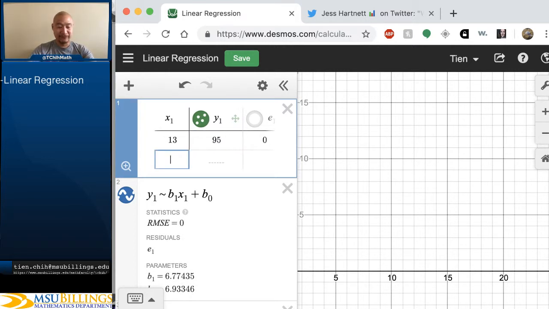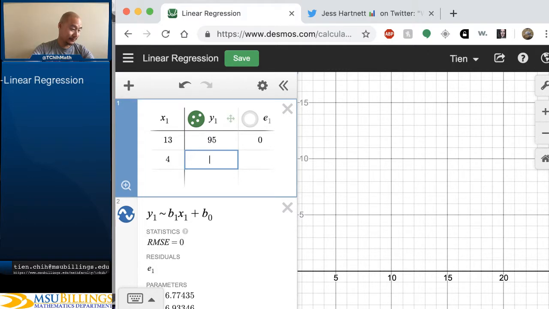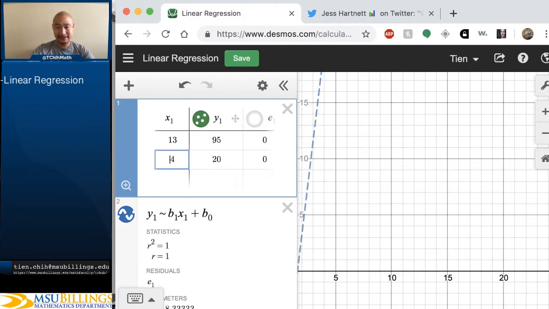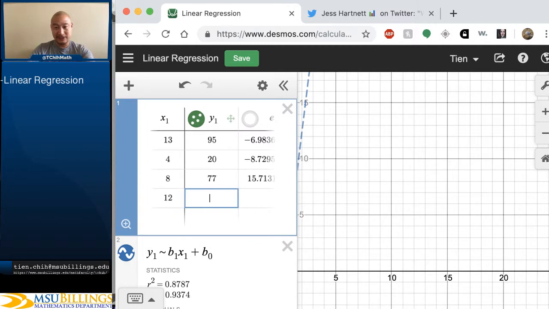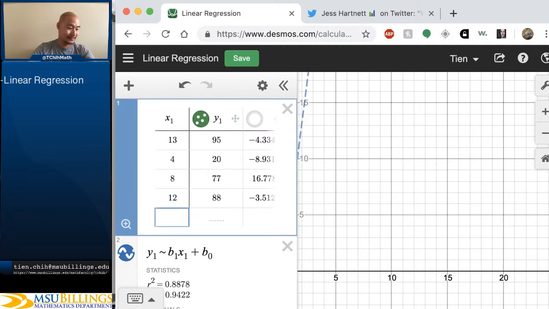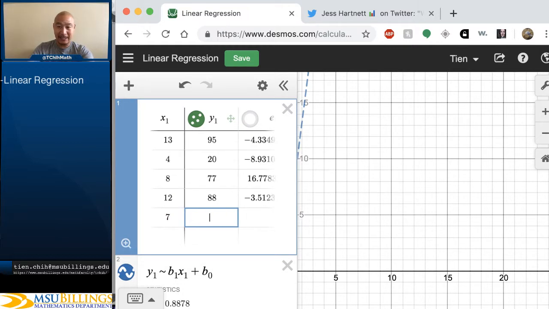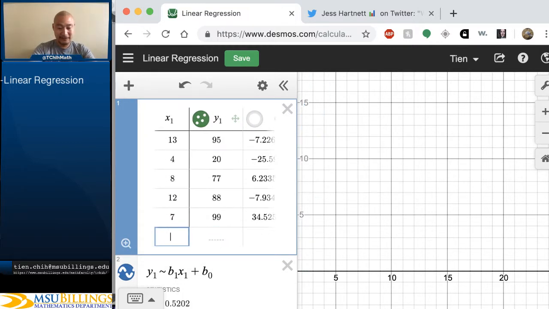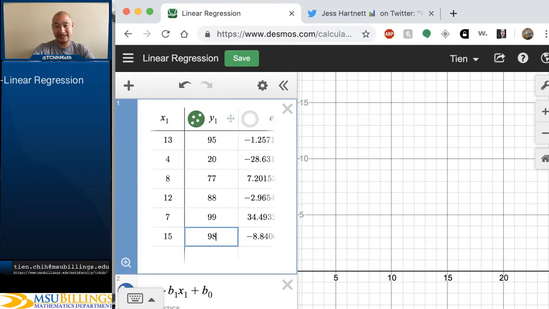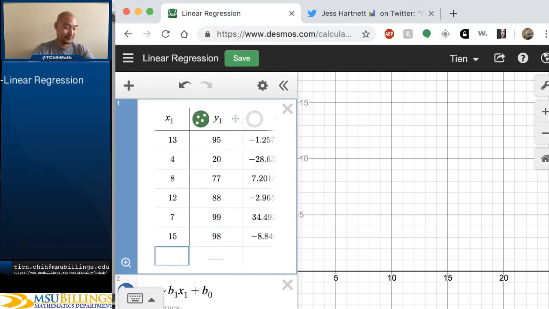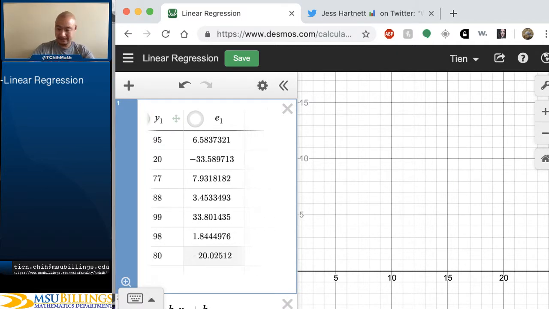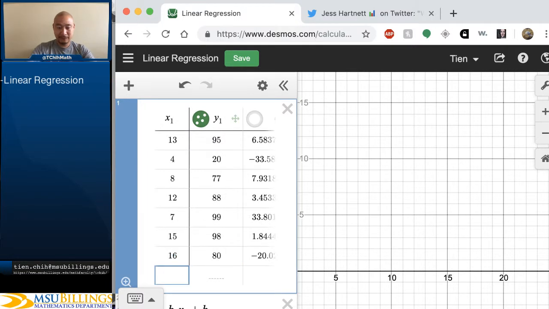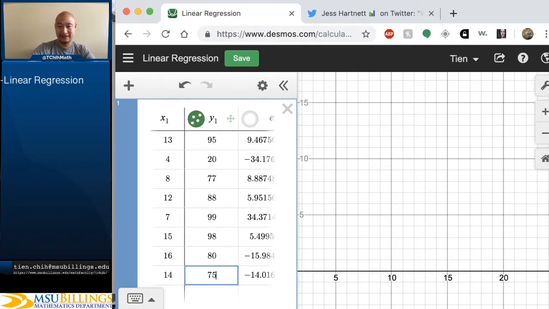Another student studied 4 hours and got a 20. 8 hours and got a 77. 12 hours and got an 88. 7 hours and got a 99. 15 hours and got a 98. 16 hours and got an 80. 14 hours and got a 75.